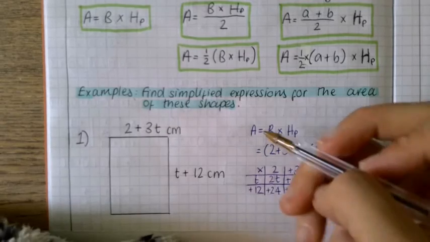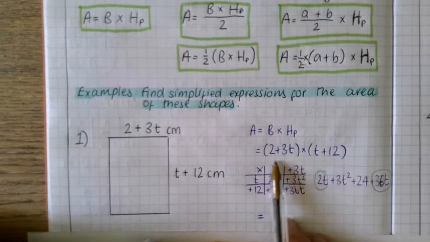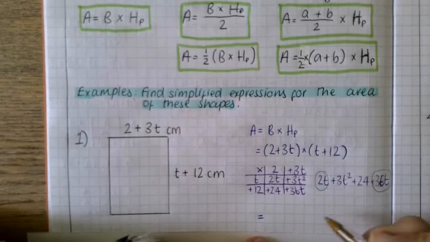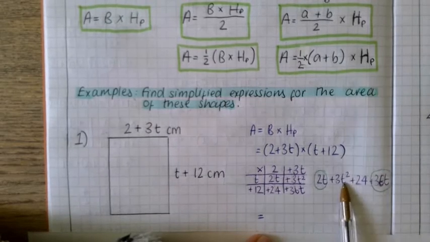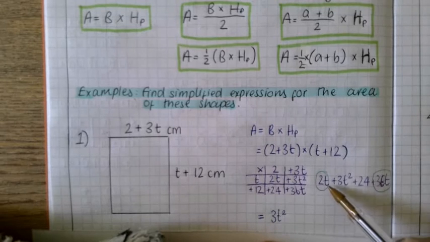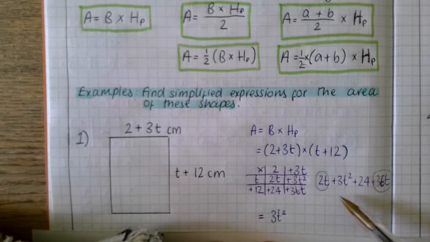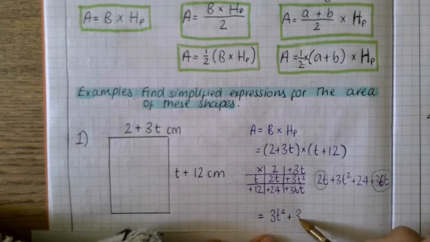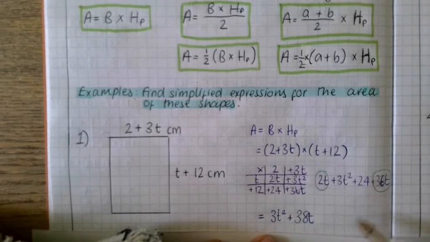So my final answer to this question, these two brackets multiplied together, is going to be, I'm going to put my square term first, so 3t squared, then my t term, so 2t plus 36t is 38t, and then plus 24.